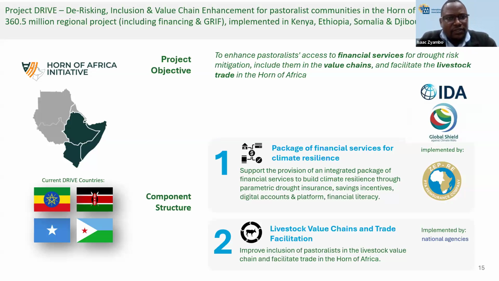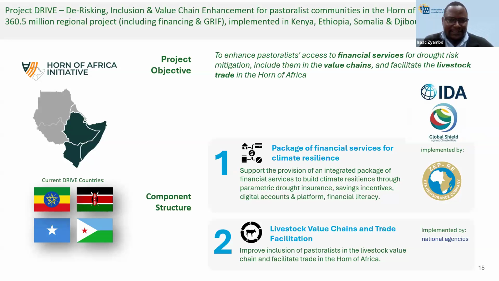That's de-risking, inclusion, and value chain enhancement for pastoral communities or economies in the Horn of Africa. It's a project supported by the World Bank and implemented in Kenya, Ethiopia, Somalia, and Djibouti. So for Kenya, Ethiopia, and Somalia, we're implementing a drought index-based livestock insurance product, whereas for Djibouti, we are implementing sovereign cover underwritten by ARC.